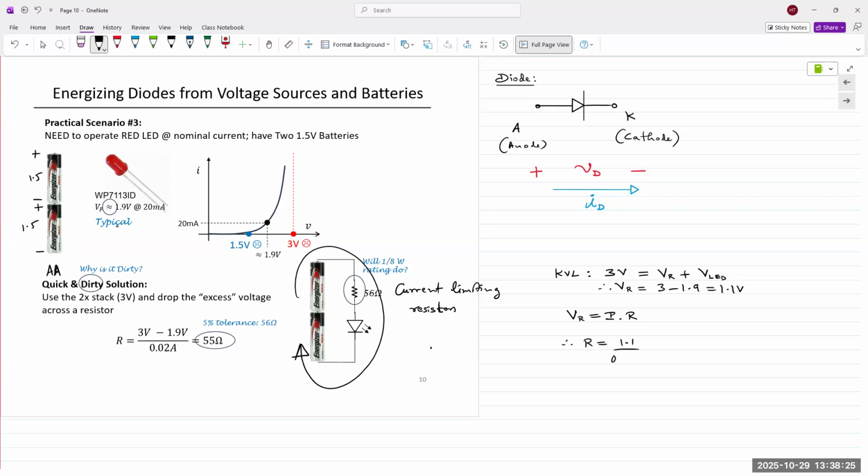I have I as 0.02 amps, which gives me a resistor value of 55 ohms. So when current passes through, the resistor is opposing the flow of electrons, so it's dropping some voltage across it. And then we are designing a circuit from the spec of the LED. Does that answer your question? Okay.